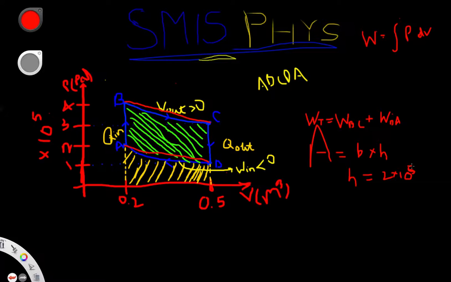Okay, and the base, in contrast, would be the change in volume, and in this case the horizontal change in volume is clearly 0.3, which would be illustrated by this. So let's go back to yellow.